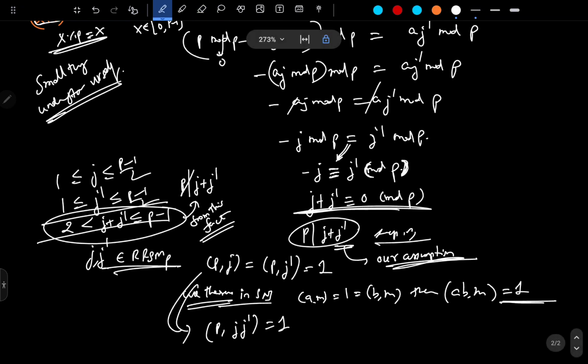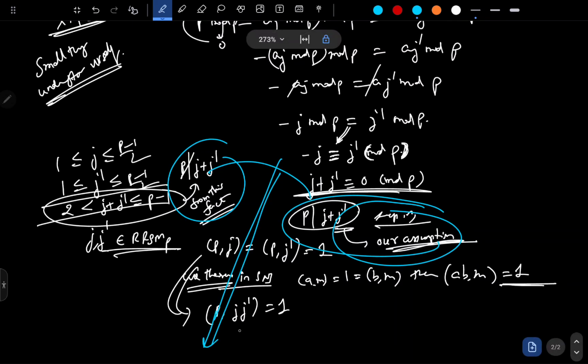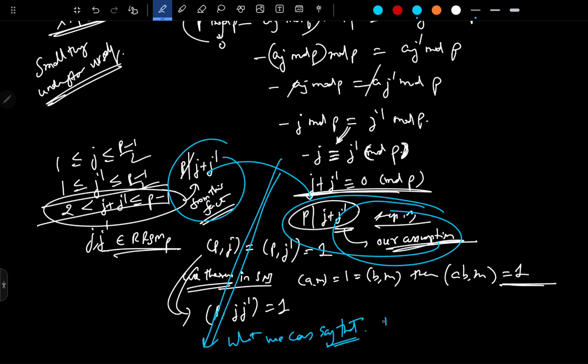This is our assumption. Since both are colliding, what can we say? It's a contradiction. Once it is a contradiction, our assumption is wrong.